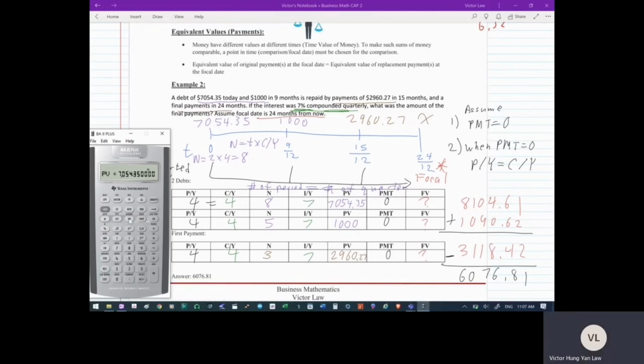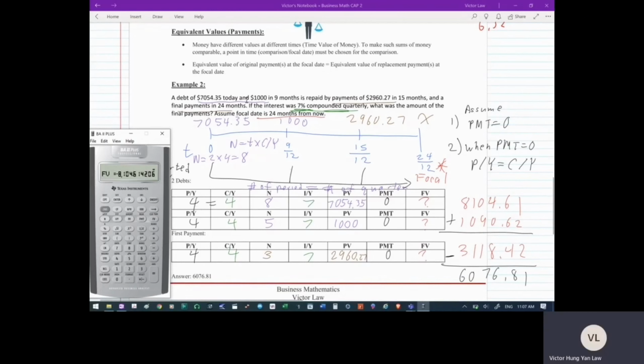Always the number first and then press the item. Then our PMT is 0, so 0, PMT. Once we have put in these 6 items, we press compute and then future value, and it gives us the future value of $8,104.61. That's our future value for the first debt.